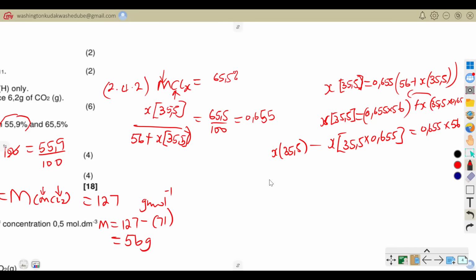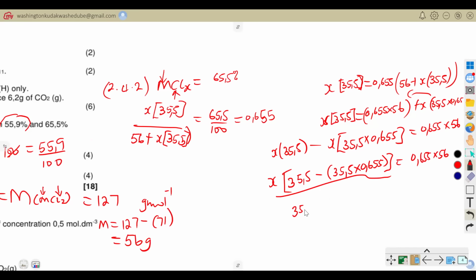And then thereafter I'll factor out my x, and I'll be left with 35.5 subtracting this whole bracket, 35.5 times 0.655, and then I would be left this side with the same value there. I would then divide throughout by everything that I have this side, so that I can leave x alone. I will divide by that same factor this side as well.